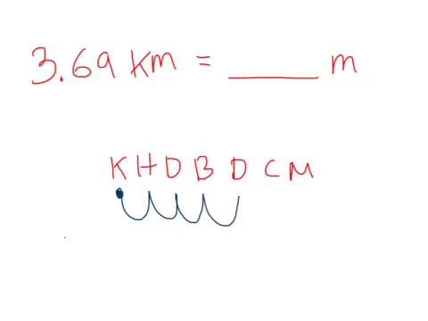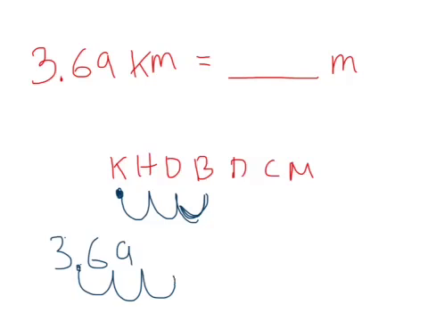Actually, I'm sorry, I just need to stop there. So I'll move to the right 3 times. So I got 1,000 times smaller. Then you take the decimal where you're at. Let me rewrite that: 3.69. You also move that decimal 3 times to the right. 1, 2, 3. Because there's a gap here, you add a 0. And now you can erase the old decimal along with the old line.